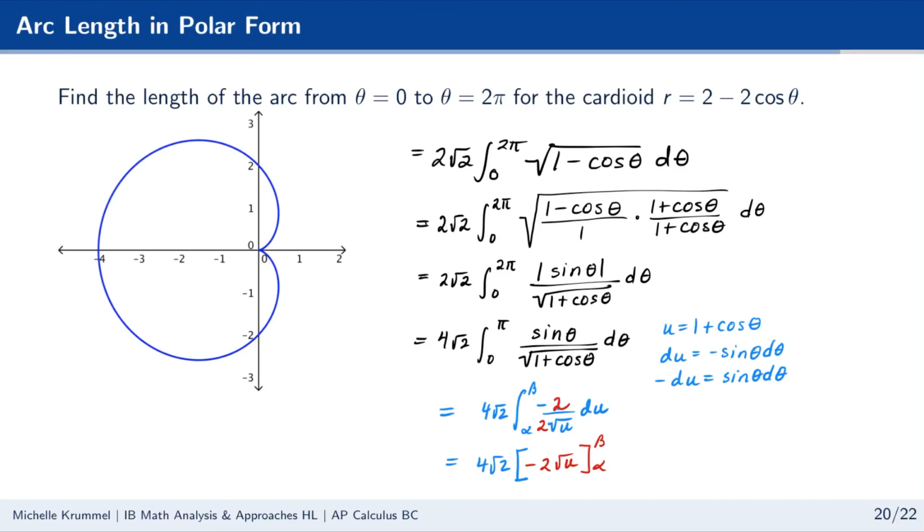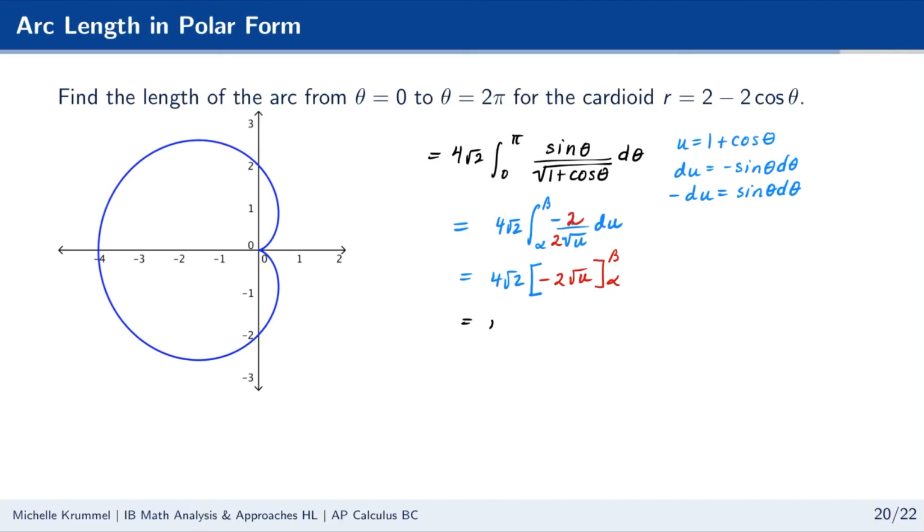And now let's rewrite everything back in terms of our θ. So 4 root 2. The negative 2 is a constant multiple, so that can come out actually, and it will be negative 8 root 2. The square root of u becomes the square root of 1 plus cosine θ from 0 to π.